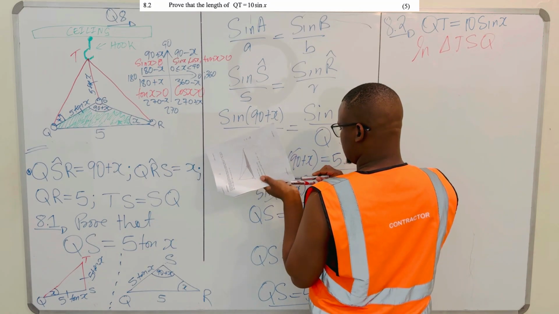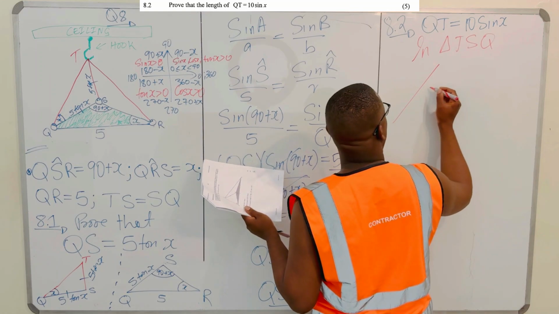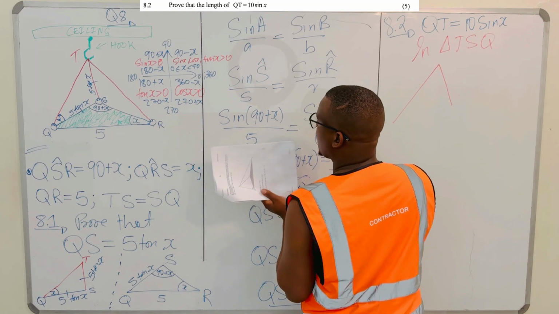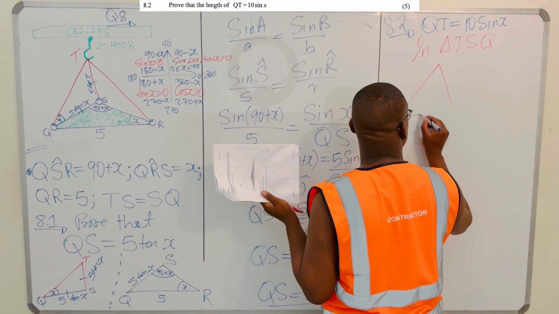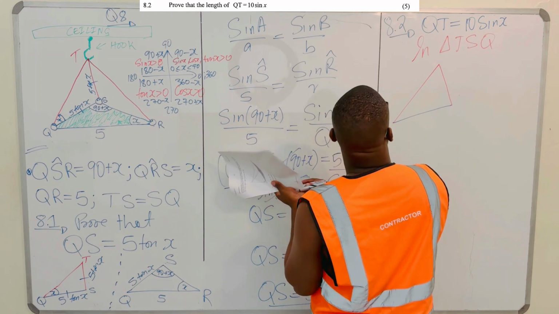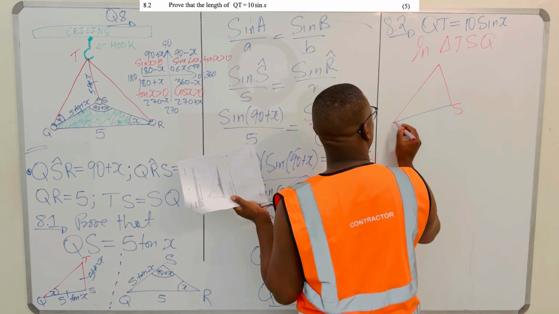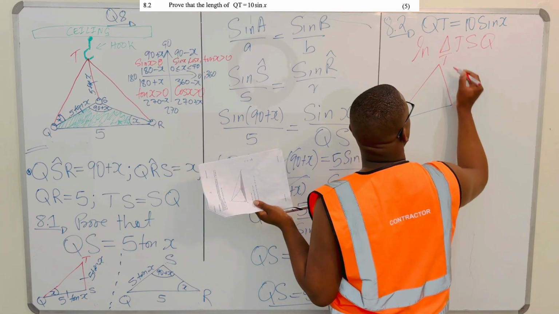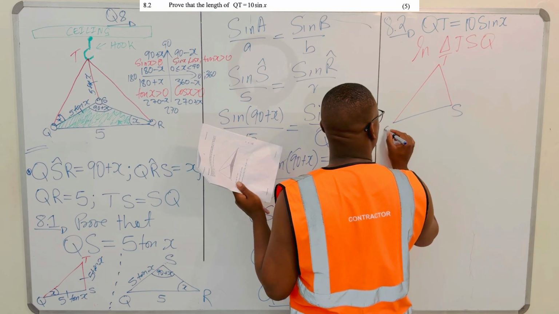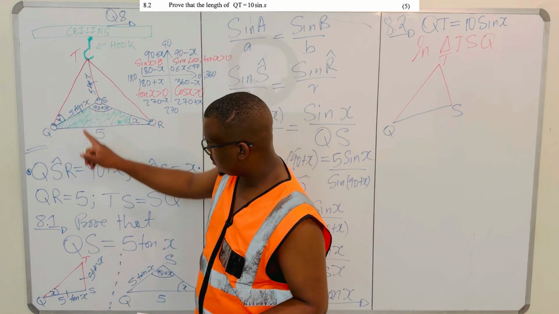I'm struggling to draw these things. I think this looks better. This is T, S. Actually, it's TSQ. So it's this triangle over here, right?